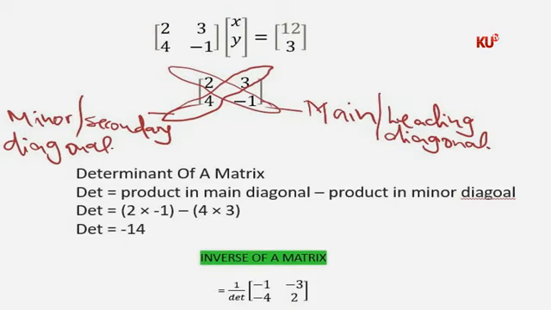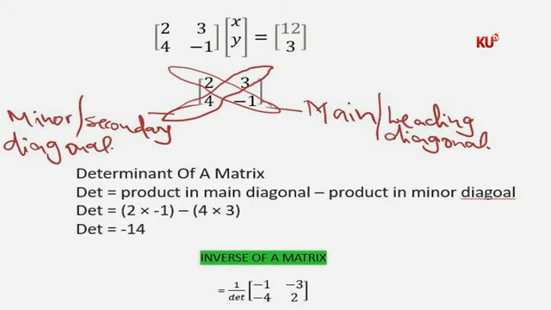We negate the elements. So this can be written as your inverse is now -1 over 14 into -1, -4, -3, 2. Wonderful. And by doing it like that, learners, you would have gotten the inverse.